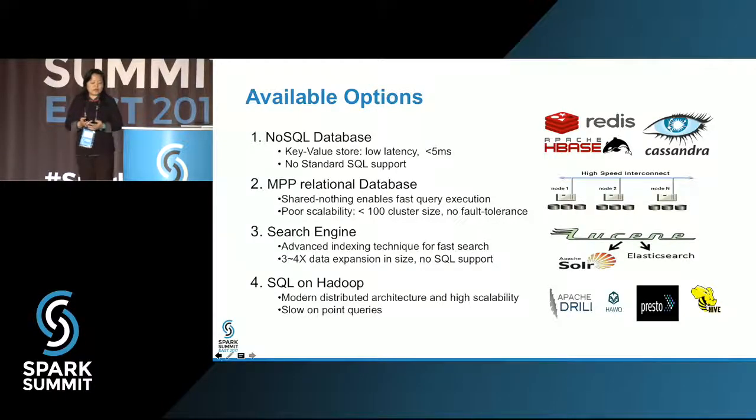The fourth category is SQL on Hadoop, with modern distributed architectures, and they offer high scalability, but they are slow on point queries. Here we list a couple of typical systems, either from open source or from different vendors, and you can see there are many of them.